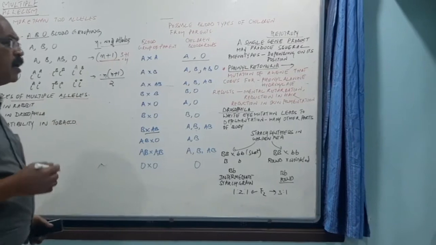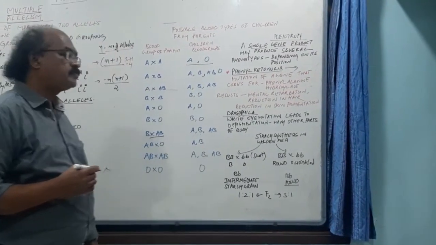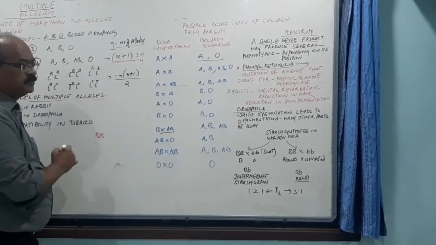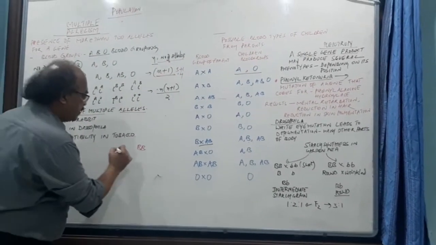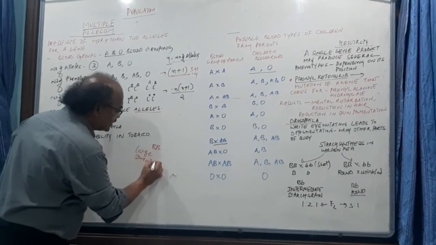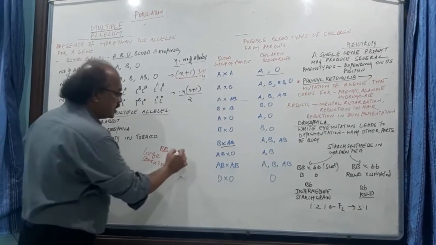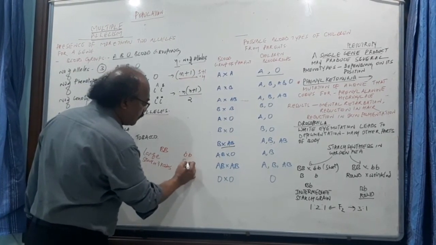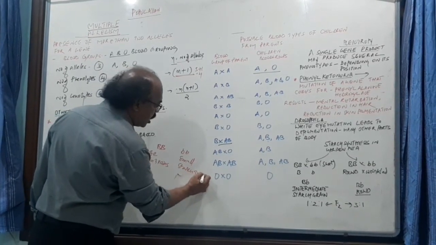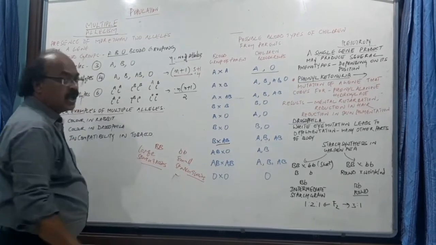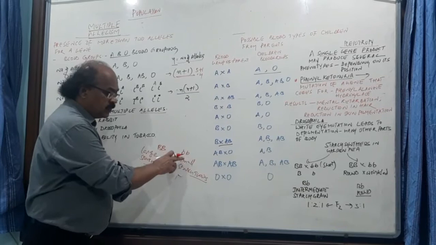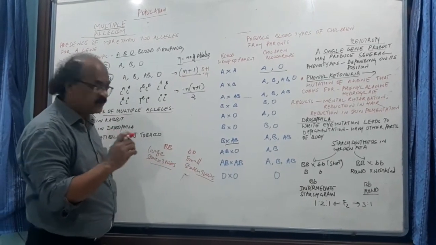In the case of garden pea, capital B gene is responsible for large starch grains. Small b, they are small starch grains.